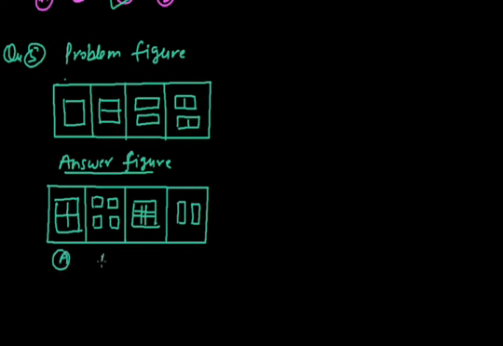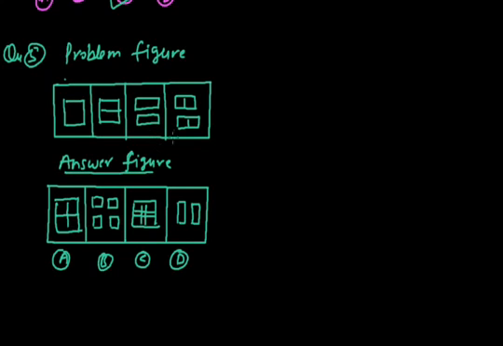Option A, B, C, D. In the problem figure we see in the first diagram there is a square, and in the second diagram the square is divided into equal portions by a horizontal line. Then from second to third the square is divided into two equal portions.